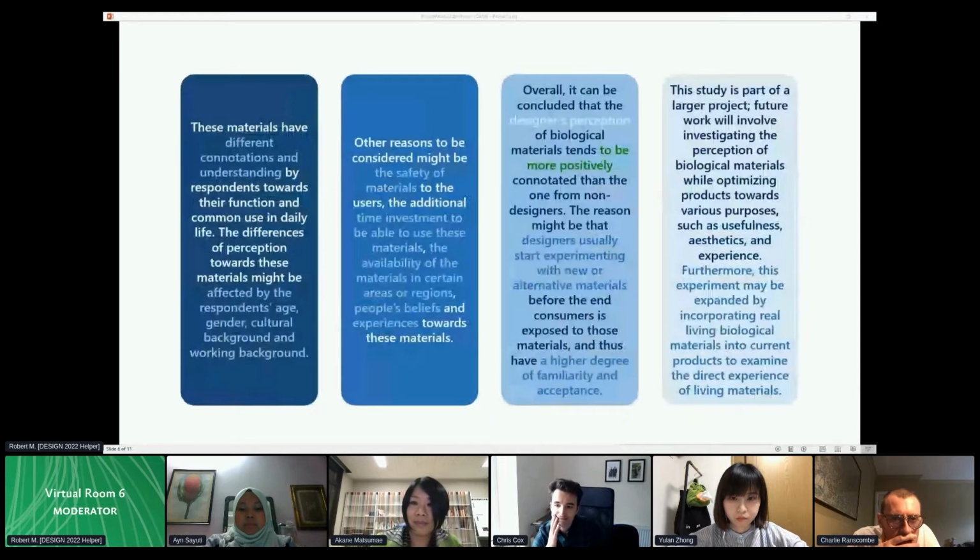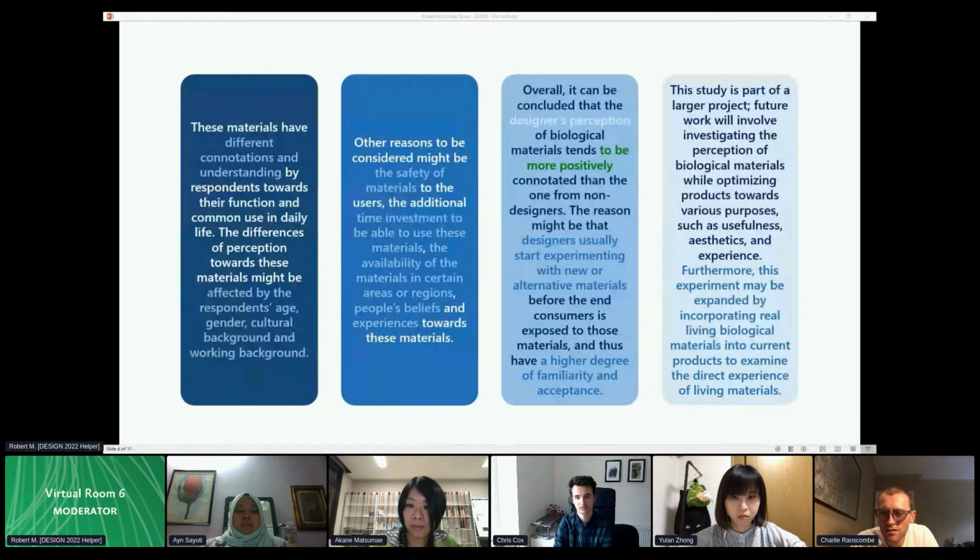Furthermore, these materials have different connotations and understanding, and here we are looking into the perceptions by designers and non-designers. Overall, it can be concluded that the designers' perceptions tend to be more positive than the non-designers', as designers usually start experimenting and familiarizing with this material before the products are exposed to the consumers.